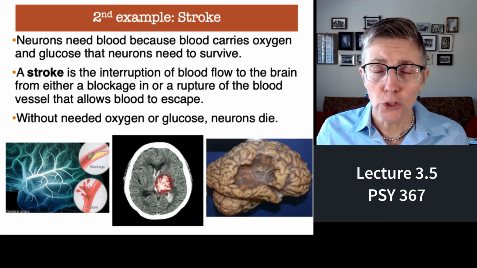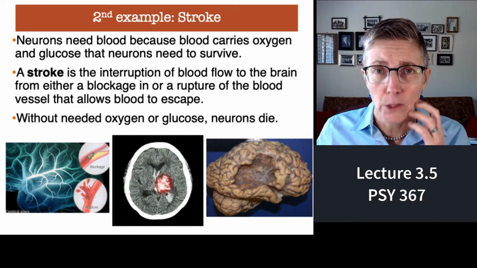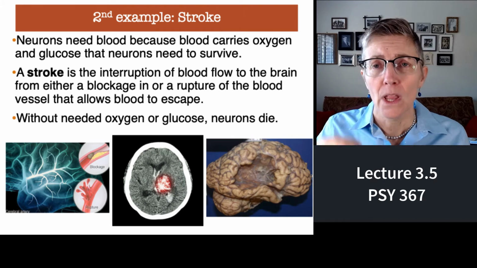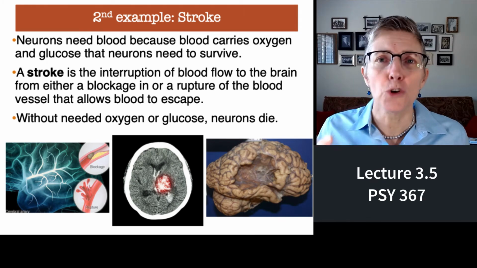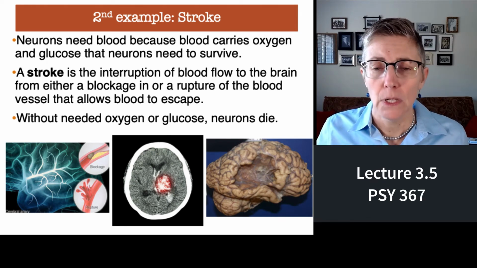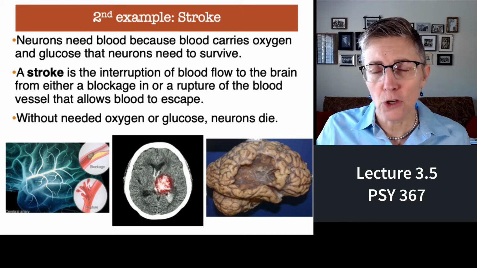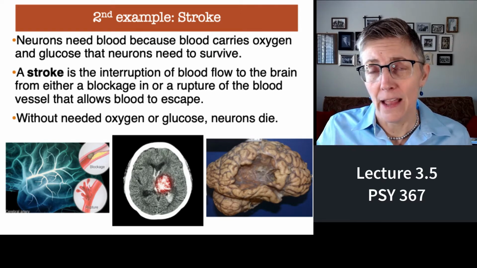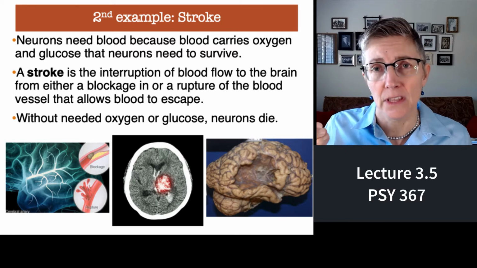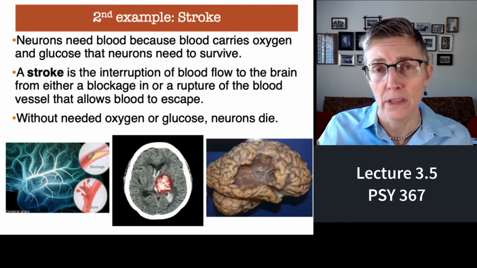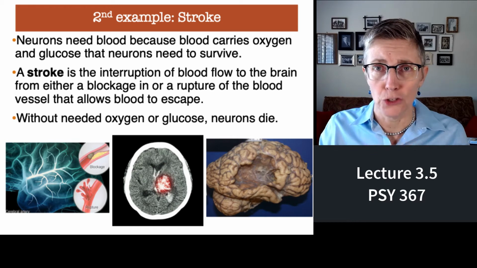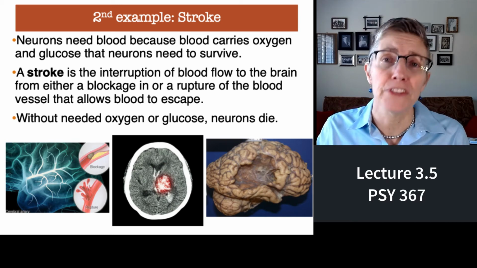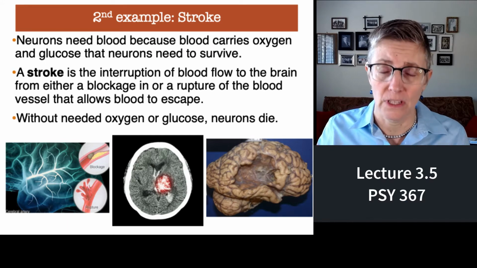And that glucose is distributed by the blood vessels that run on top of and through your brain. A stroke is like a plumbing problem. If something goes wrong with the blood vessels that inhibits or slows the ability of glucose to get to the nerve cells in your brain, without that glucose, your nerve cells are going to die. And that's a stroke.